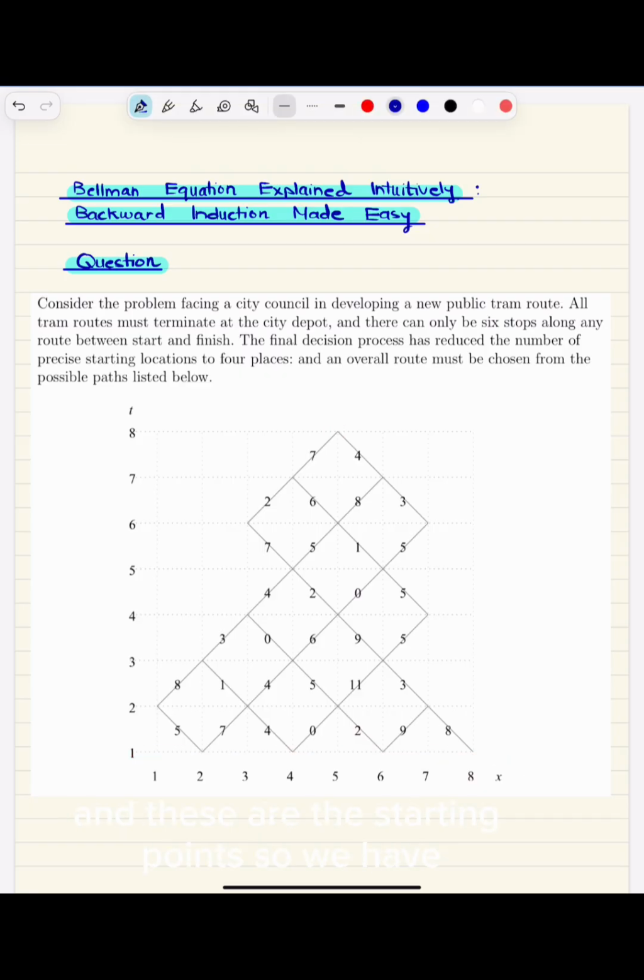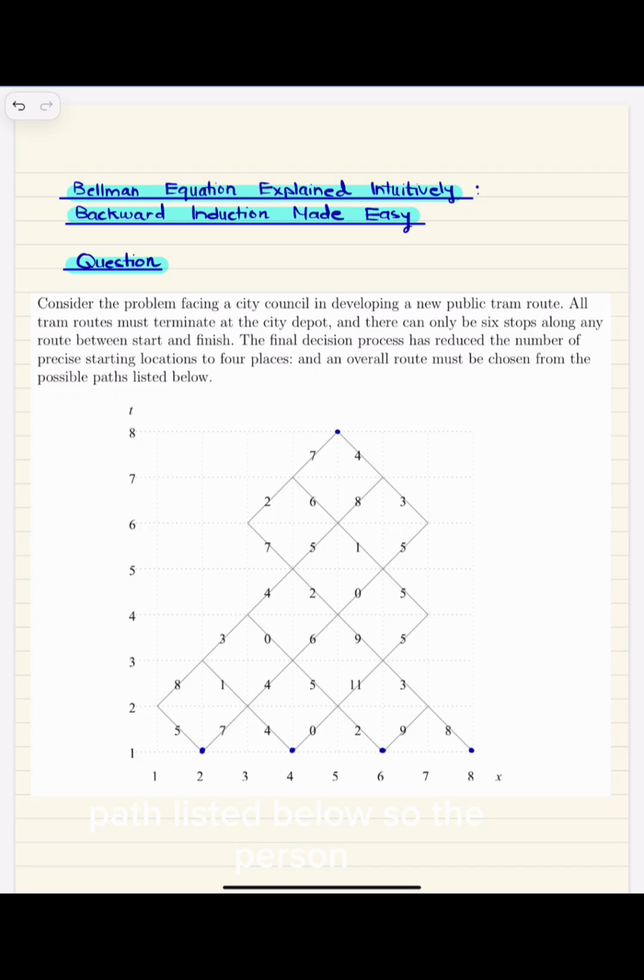So we have our journey can start from these 4 points, routes, stations, whatever, and they're going to end up at one place. Okay, the final decision process has reduced the number of precise starting locations to 4 places. An overall route must be chosen from the possible path listed below.